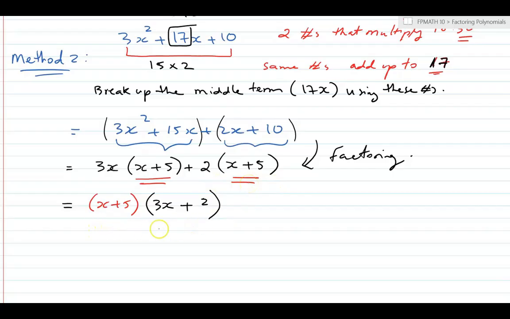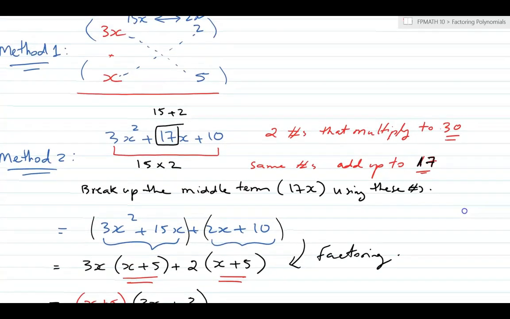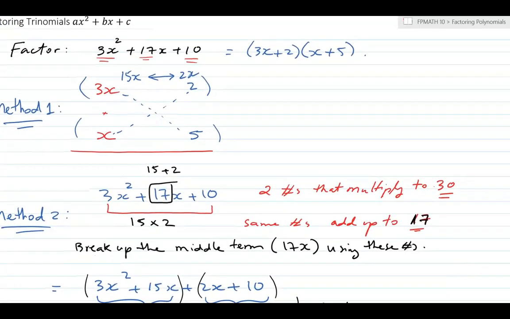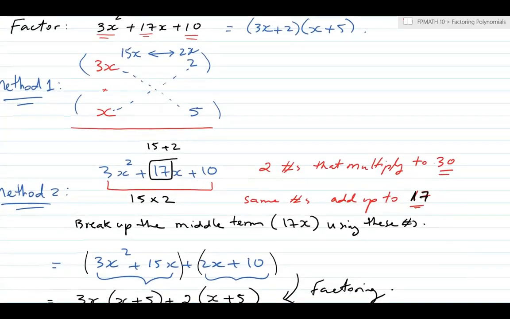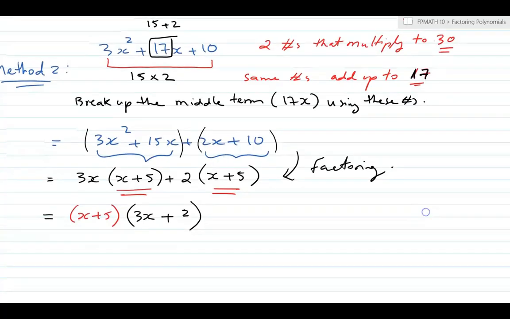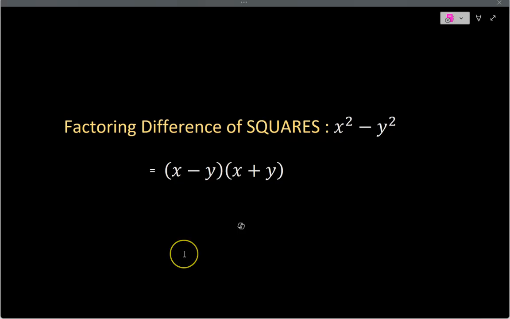And that is another way of factoring this. And if you check, you notice that 3x plus 2, x plus 5 is right here. It doesn't matter which one comes first, which one's second. You can have the x plus 5 first if you want to. And that's how you do that. This is called factor by grouping.